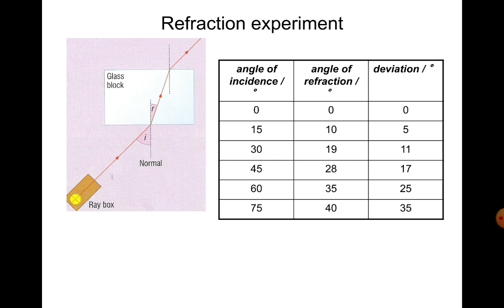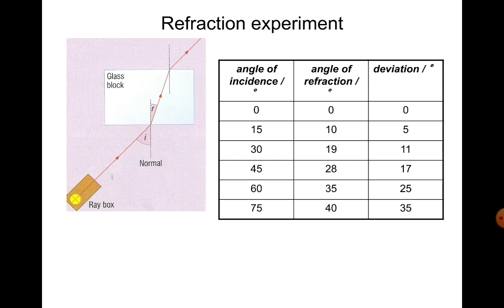Now, when the angle of incidence is 0, that means the ray is parallel to the normal, so it goes straight through. So the angle of refraction is 0. This is just an example from an experiment, and we see in all cases that the angle of incidence is bigger than the angle of refraction.